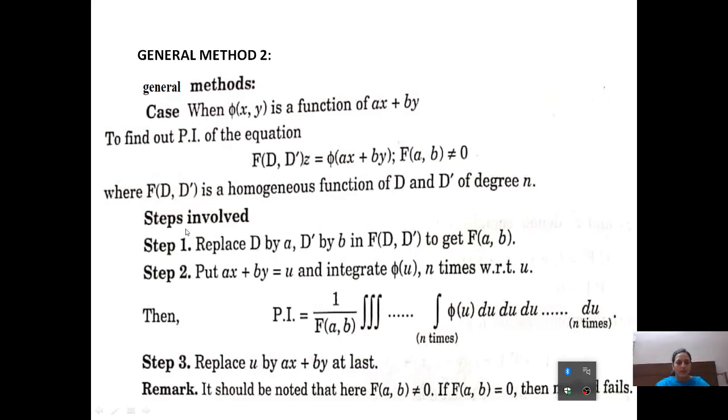We will follow the steps over here. First, in the particular integral part, we will replace our d with a. This is the solution part of PI. We will replace the d part with a. A will come from here.